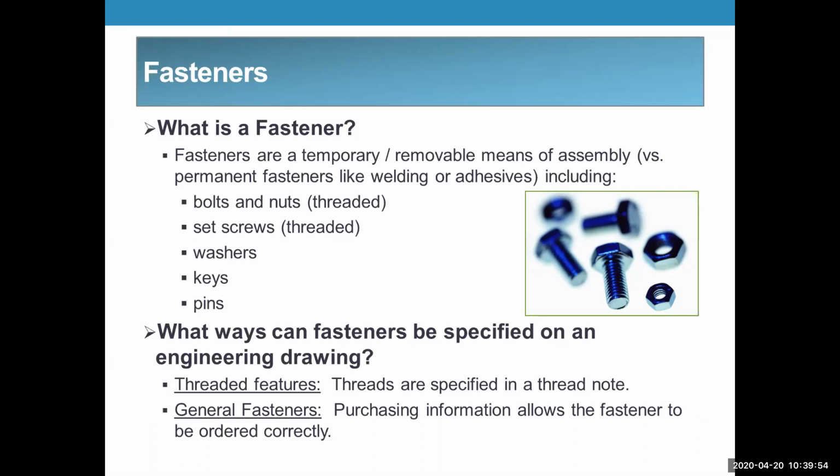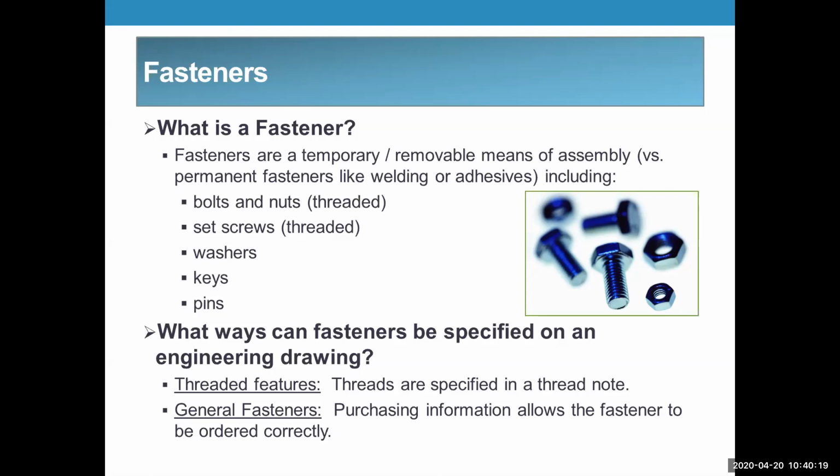So when we're specifying fasteners on a drawing, we're either talking about threaded features, which are specified as part of the design, and then general fasteners, like washers, keys, and pins and things like that. They're usually not on any kind of detailed drawing unless you're modifying it.